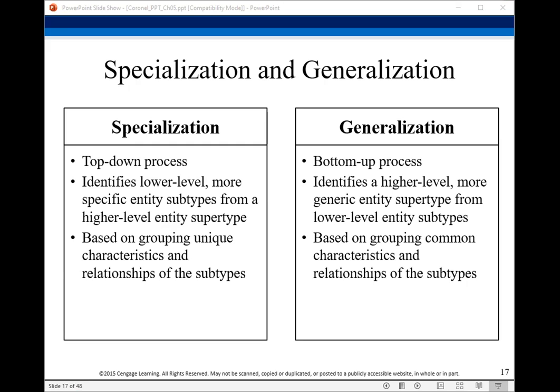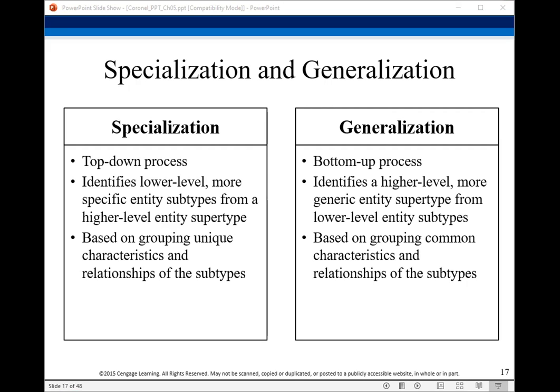But then we realize that it might make sense to put some of these into one subtype and others into a different subtype, and just keep the common information in this person entity. So we still keep person, but then we add in two subtypes, student and employee.